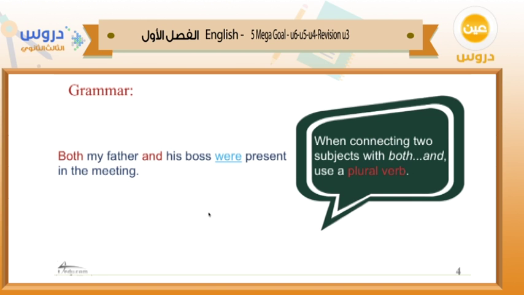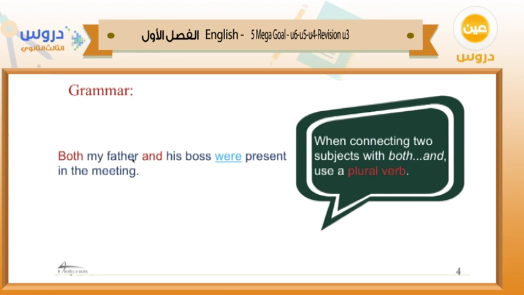Now let's see some examples of correlative conjunctions. Here we have the conjunction both and. How can we use it in a sentence? Both my father and his boss were present in the meeting.